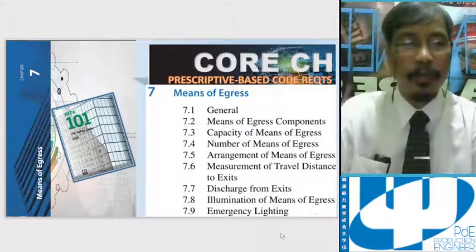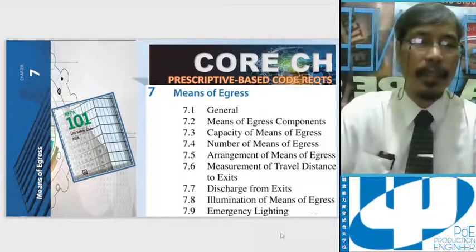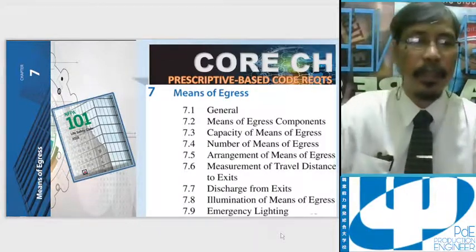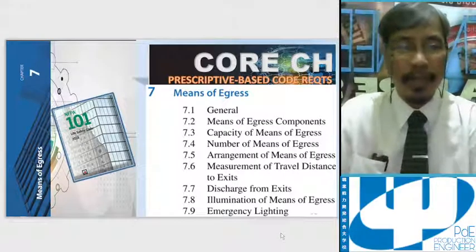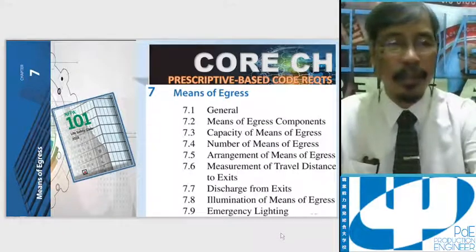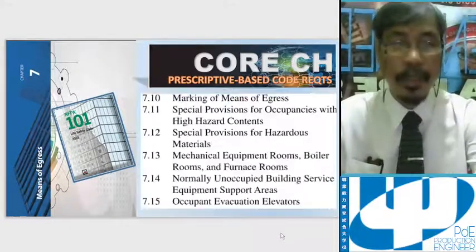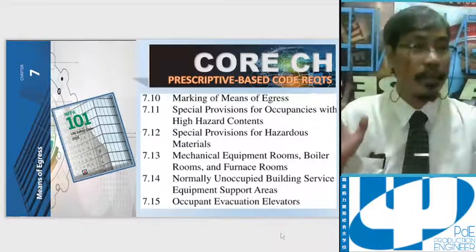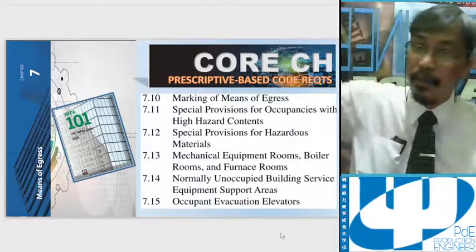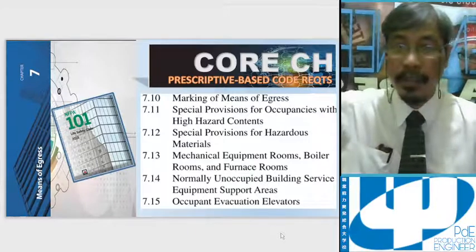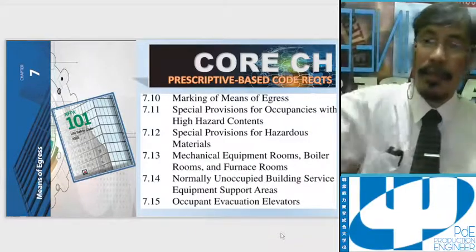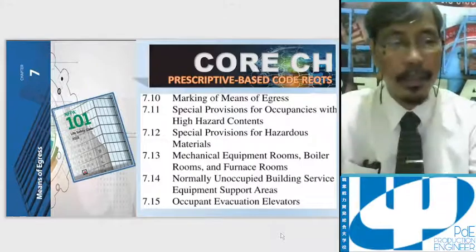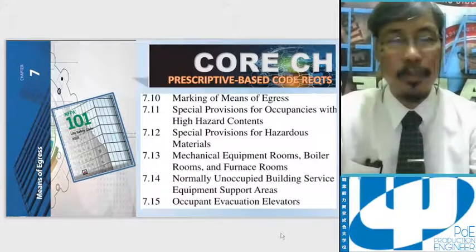Discharge from exit, travel distances, arrangements, capacity, illumination, emergency lighting, and so on. Markings, even the markings, the writings on the exit, the writing on the pathway, and there are code provisions for that.